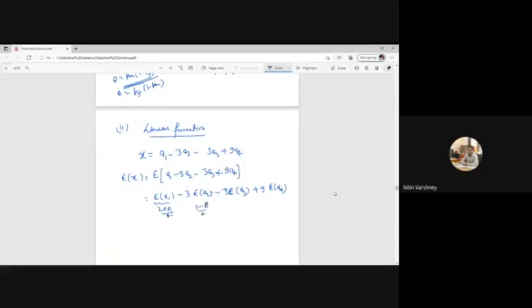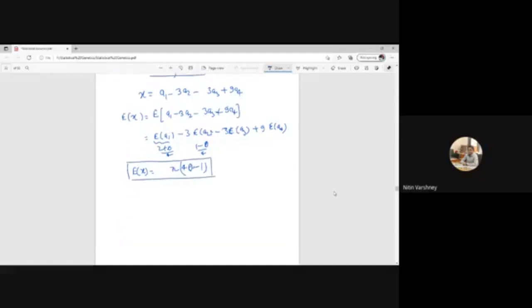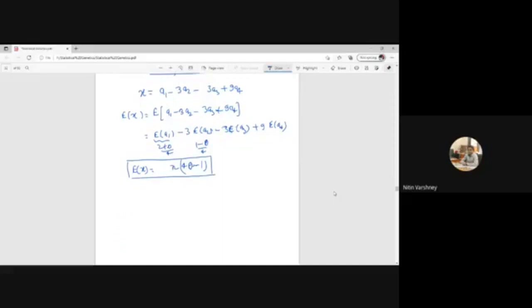After simplification we will get n into 4 theta minus 1. This is the expected value of x, n(4 theta minus 1). So theta could be estimated from the equation.